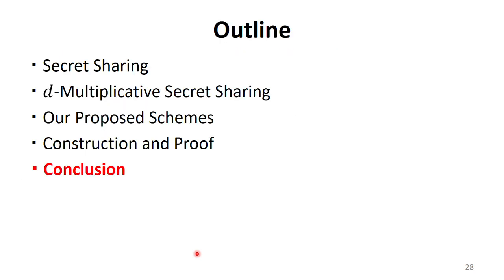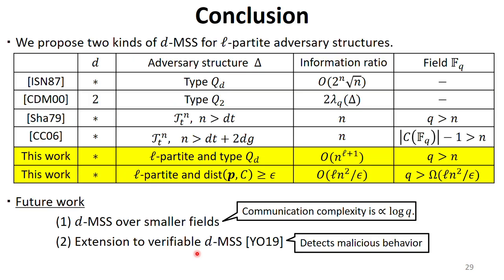Finally, we summarize this presentation. In this work, we propose two kinds of d-multiplicative secret sharing schemes for L-partite adversary structures. The first scheme can be applied to any L-partite adversary structure of type QD, and the information ratio is polynomial if L is constant.